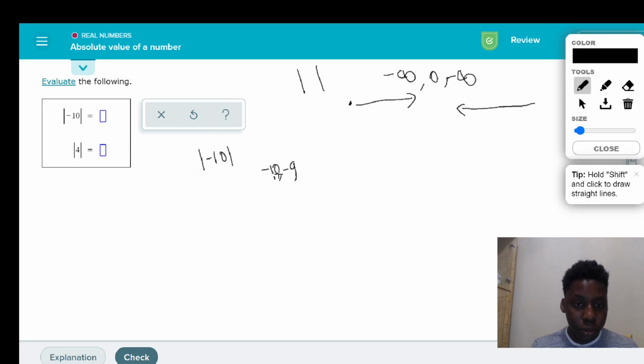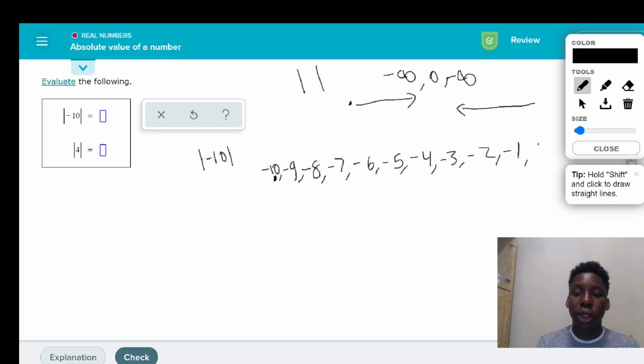So let's look at this. This is with a negative, and that's how we're going to be working. The digit that's the biggest, which is 10 here, is going to be the smallest one since we're working with a negative, right? So this is negative 10, negative 9, negative 8, negative 7, negative 6, negative 5, negative 4, negative 3, negative 2, negative 1 before it gets to 0, right?